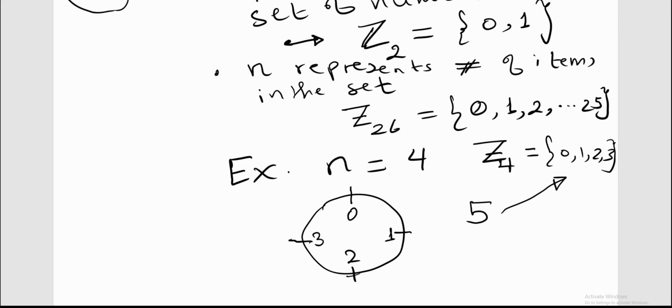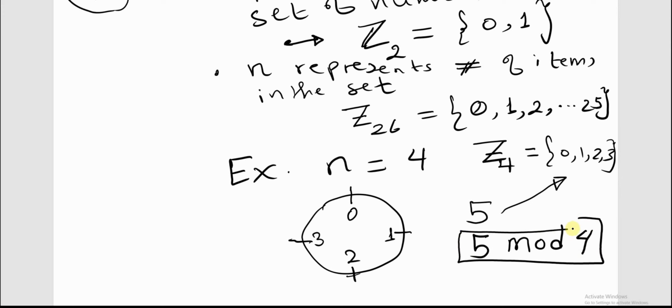So 5 doesn't belong to the set of numbers. Hence, we're going to say, what is 5 mod, based on the modulus 4? So we are looking for that number. So 5 mod 4.